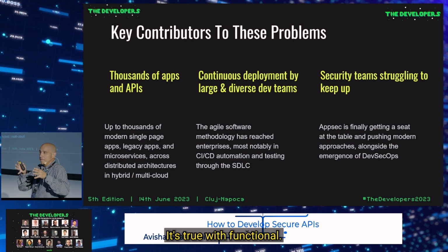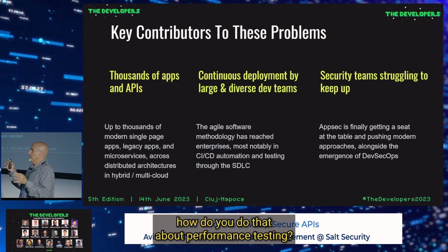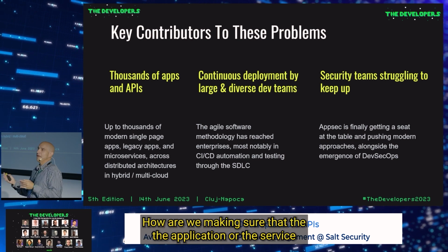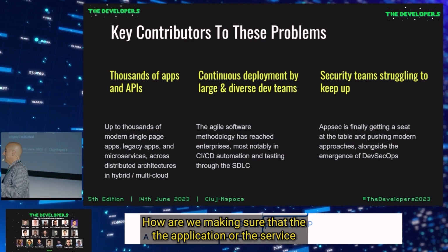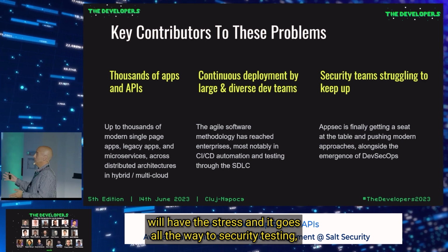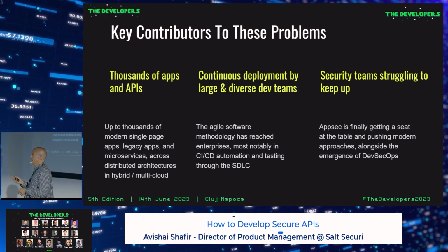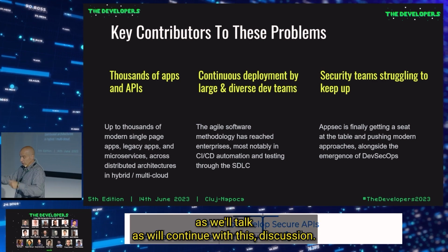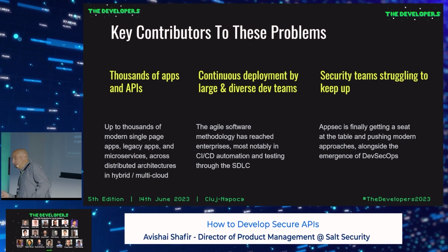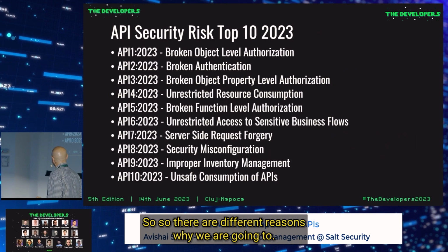It's true with functional testing, with performance testing, making sure that the application or the service can handle the stress, and it goes all the way to security testing. We'll talk about security testing and its implications as we continue with this discussion. So there are different reasons why we are going there.